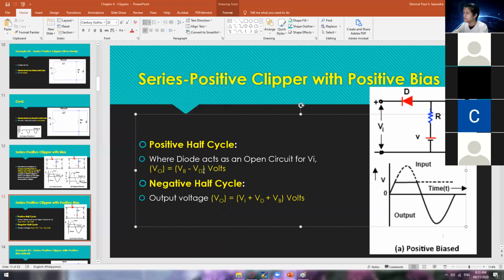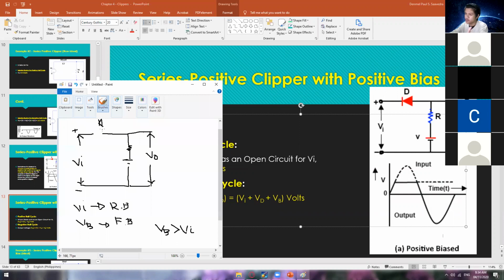If VB is higher than VI, it is only an open circuit for the V sub I, and for V sub B, which is our bias voltage, it is conducting a current. So we could say that V sub O is equal to V sub B minus 0.7, since of course we have to deduct the voltage drop in here.